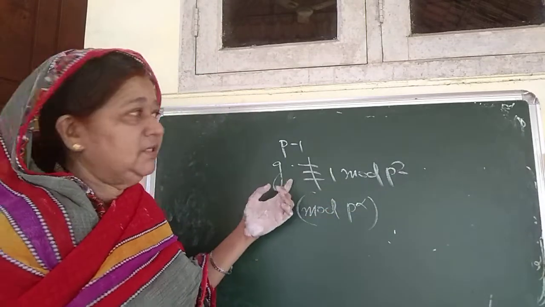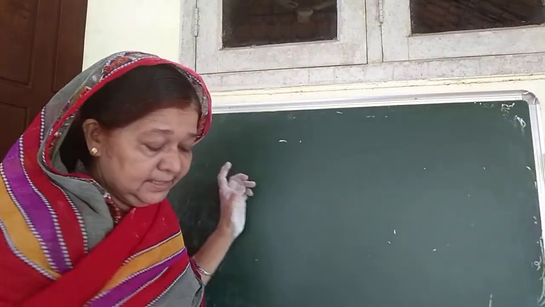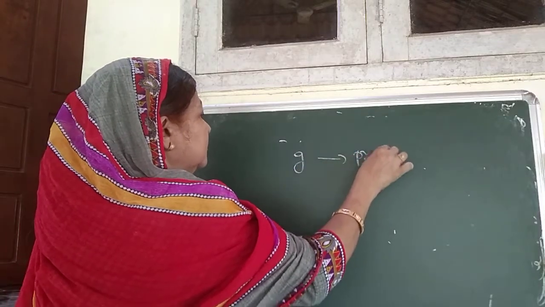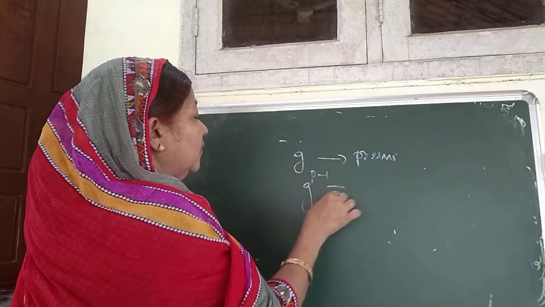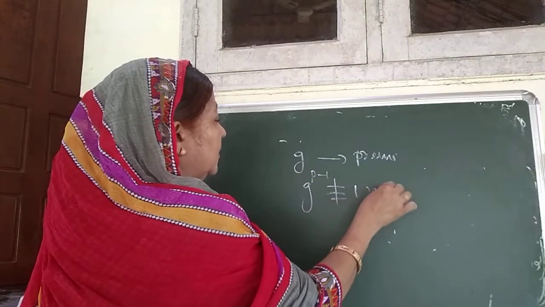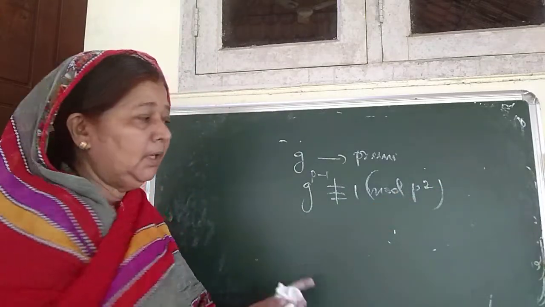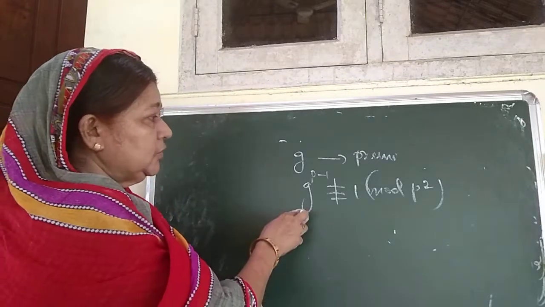So for that, first of all, we can assume that the first case is that g is a primitive root. If g is a primitive root, then g raised to p minus 1 is not congruent to 1 modulo p square. For if not, the theorem is okay. We assume that it is not possible.